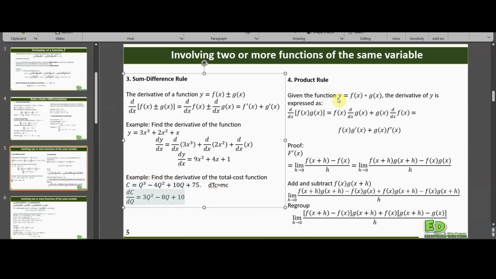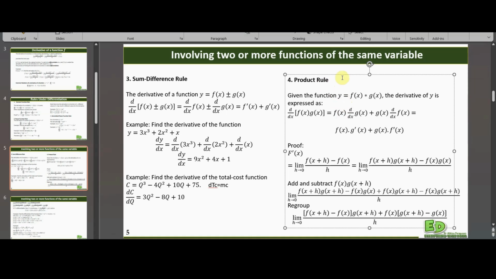We'll say given the function y is equal to f of x by g of x, then the derivative is expressed as dy over dx is equal to f of x multiplying g prime of x plus g of x multiplying f prime of x.